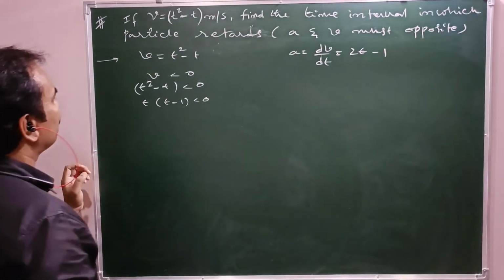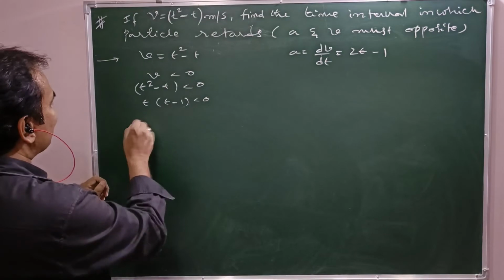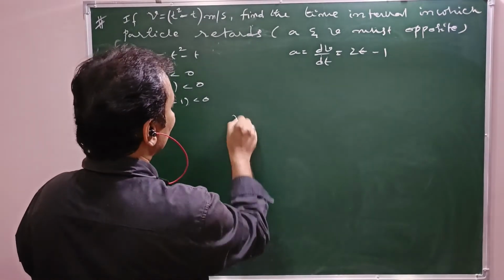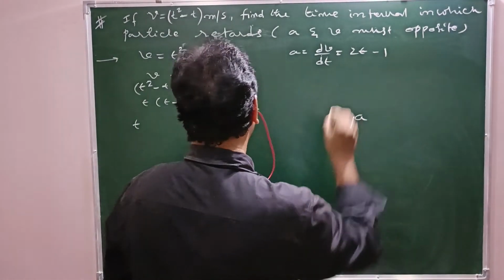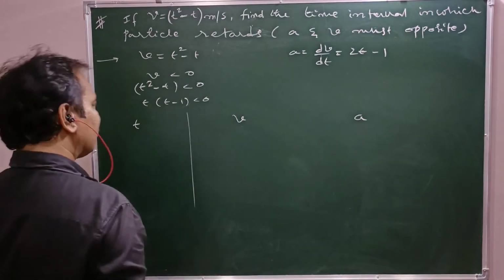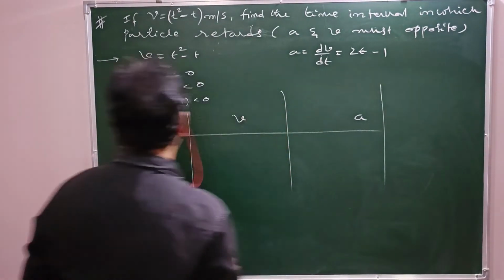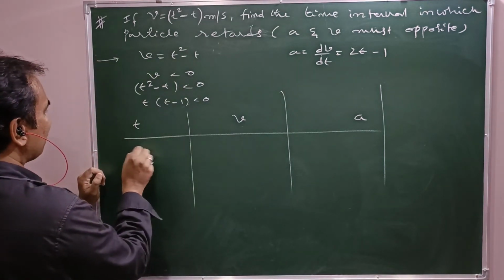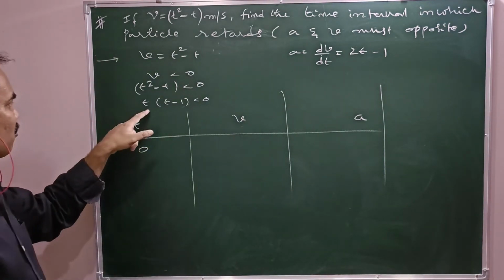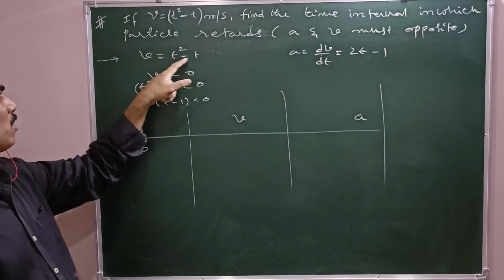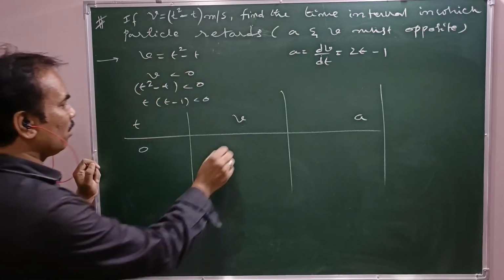First of all, I am taking time here, velocity here, and acceleration here. Right. Now what about time 0 seconds, initially? Substitute here. Time 0 means 0 square minus 0, that is v equal to 0.